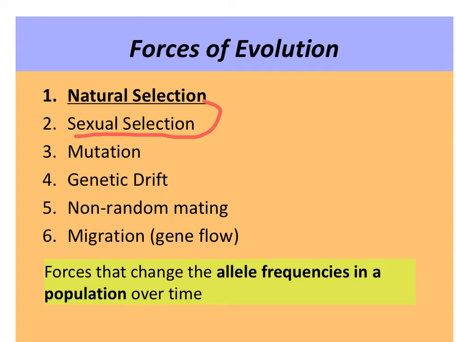Now, there are also these other forces. There is mutation. Mutation by itself, we're going to see, is very weak. But when you combine it with natural selection, it becomes very strong, because mutation gives you the variation that natural selection needs to actually operate.